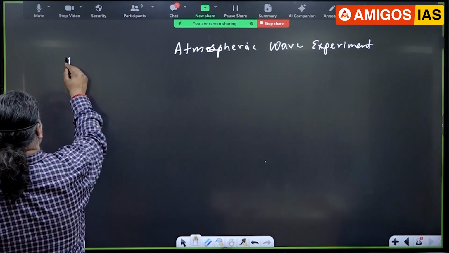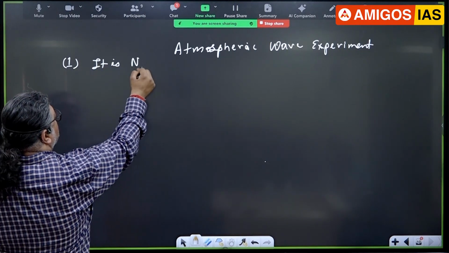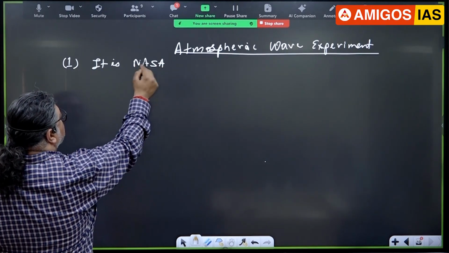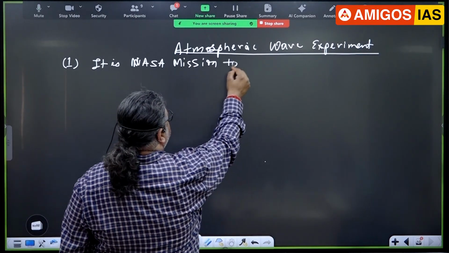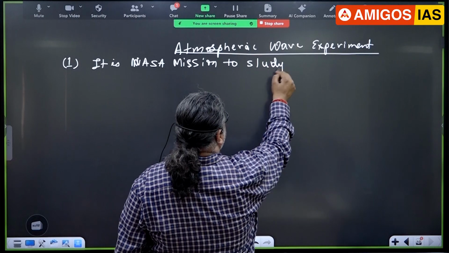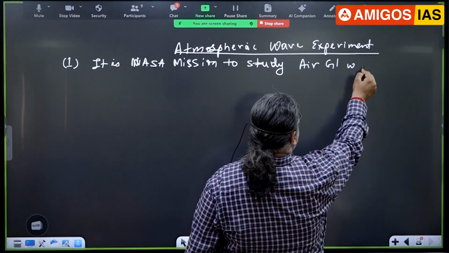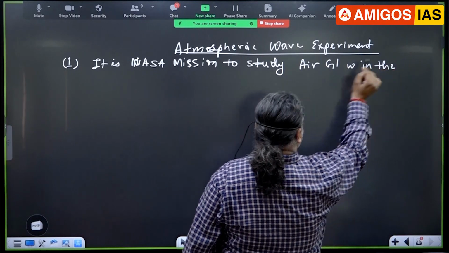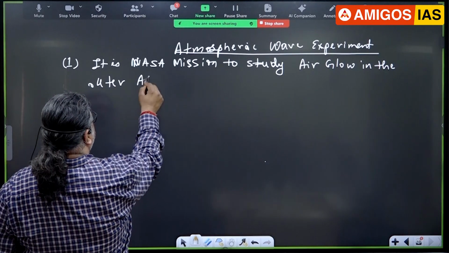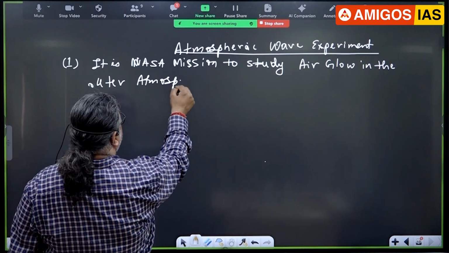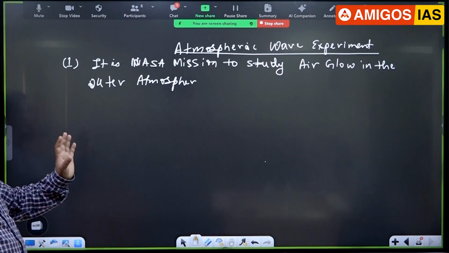First thing here, just you can write there, it is a NASA mission to study air glow in the outer atmosphere. Right? Whatever the glow is there.